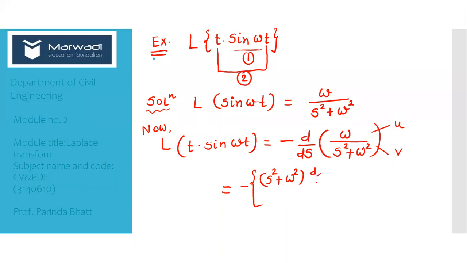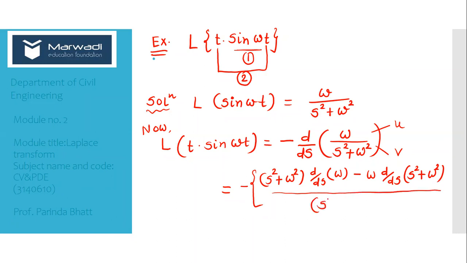This is the first question, therefore I am writing over here d by ds of omega, minus omega as it is, d by ds of s square plus omega square, right? You know this rule for the differentiation, and in the denominator this term square. Now tell me, what is the differentiation of the constant one?